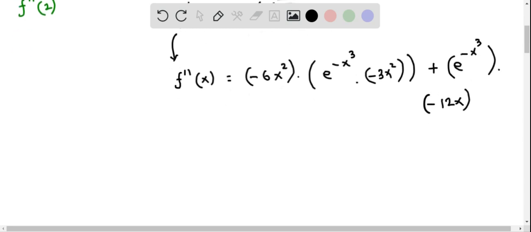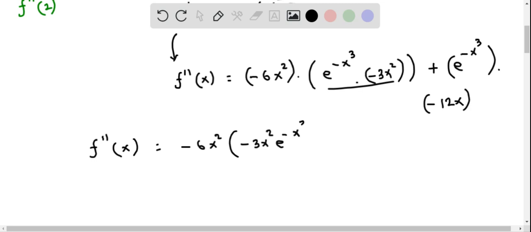Let's simplify this. So here we have the second derivative of f of x. This equals negative 6x squared times negative 3x squared e power negative x cube, and then we have negative 12x.